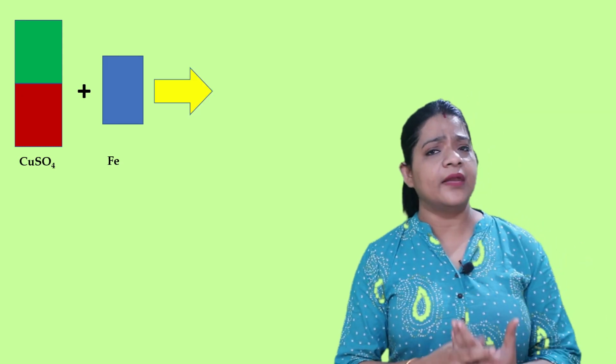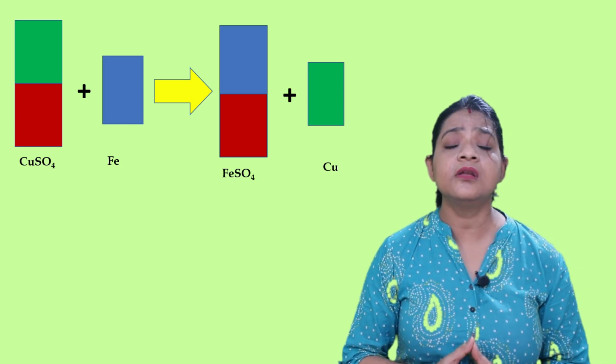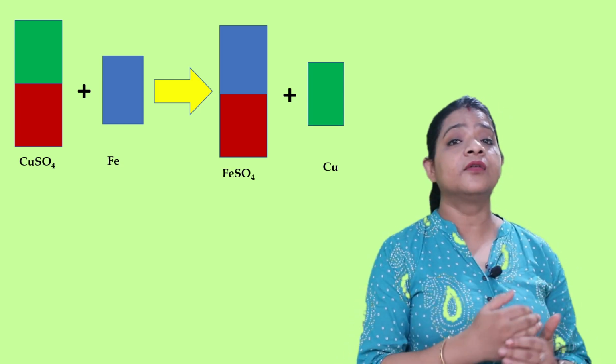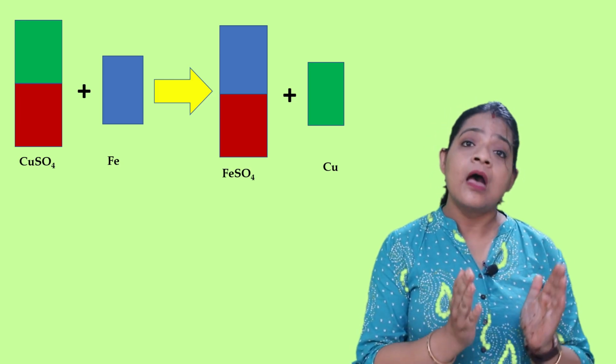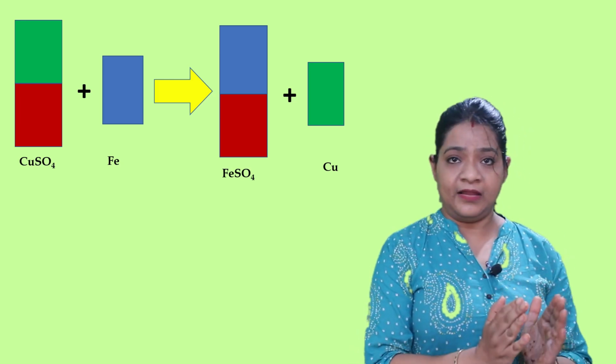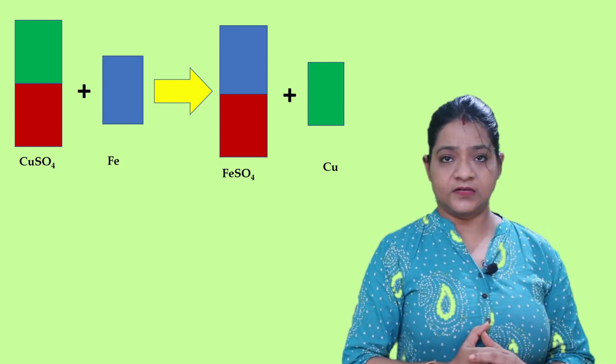Now let's analyze this in the form of a graphical representation where the red and the green box joined together exist as copper sulfate and iron exists as the blue box.